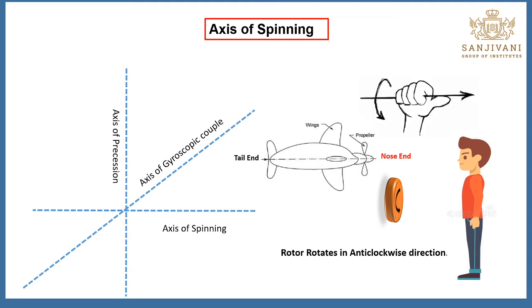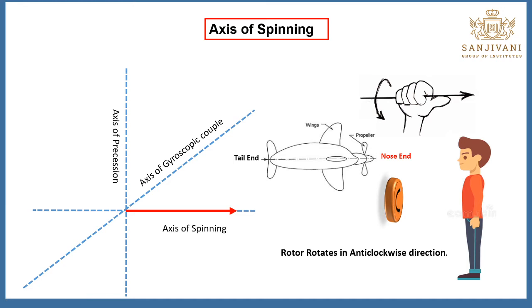Now you have to take your right hand and curve your fingers in the anti-clockwise direction, and the thumb denotes the direction of the angular velocity vector, which is this red one, and you have to orient it like this, which is towards the right hand, and this is the minus, that means towards the opposite direction.